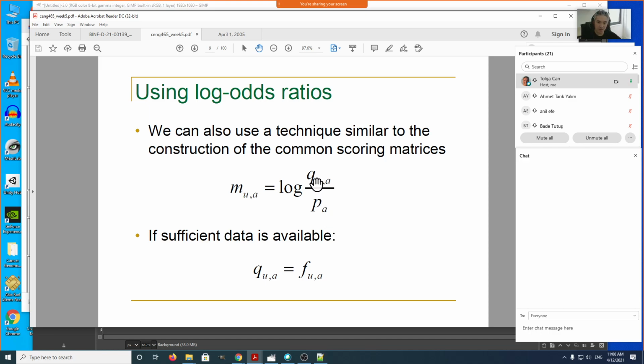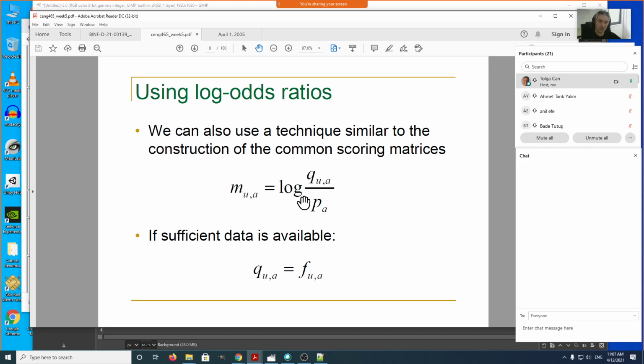So this Q_UA is usually directly the frequency that we use, for example, it occurs 60%. But this amino acid in nature, for example, if they were all equally likely observed, it's going to be a 1/20 ratio, or 5%. So each amino acid occurs 5% if they were all equally likely. If this amino acid occurs 60% in this column, it's going to be 60 divided by 5, which is 12.